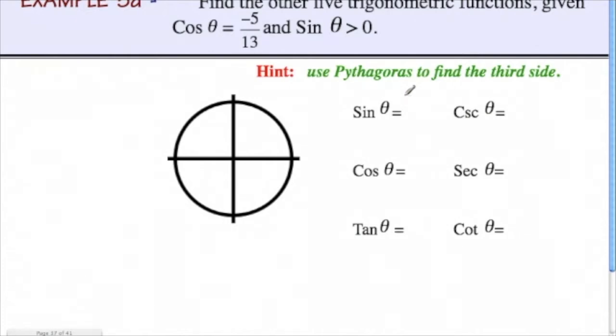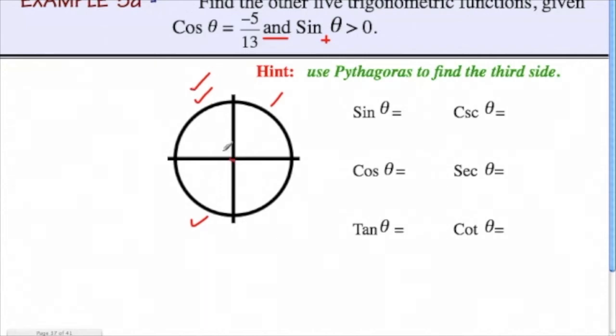Here's a good question. It's got the checklist because you've got the word "and". So this is a cos negative. Check mark. Check mark. And sine greater than 0, which means sine positive. Check. Check.